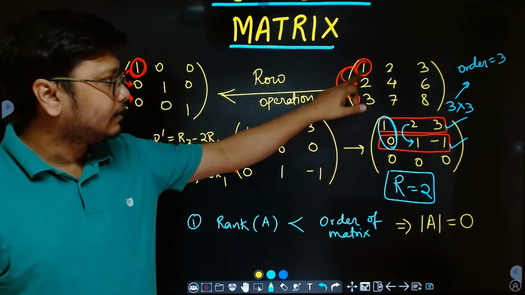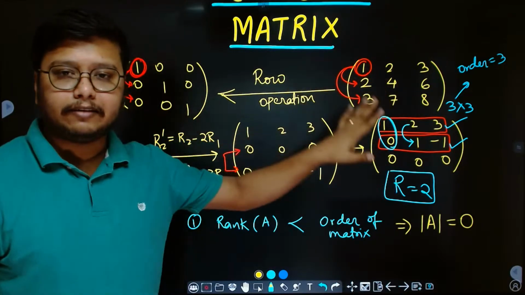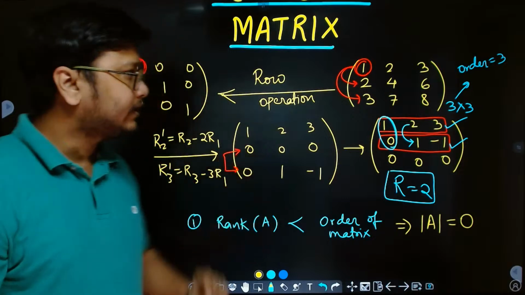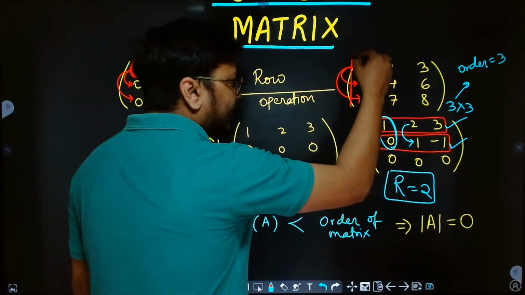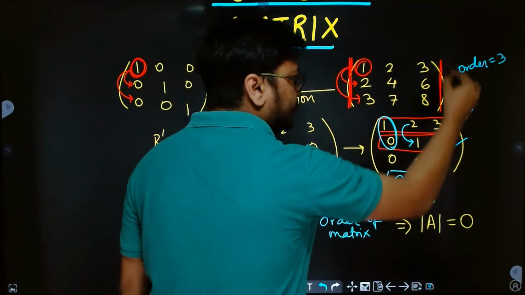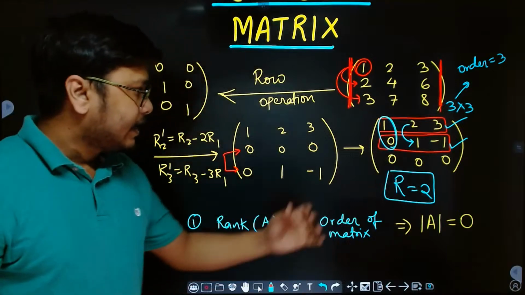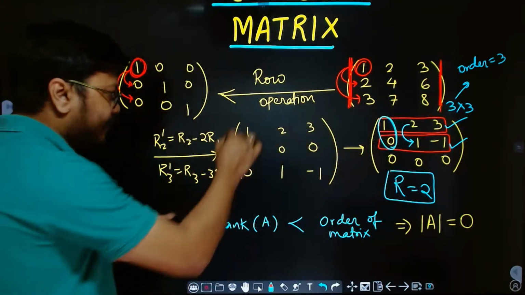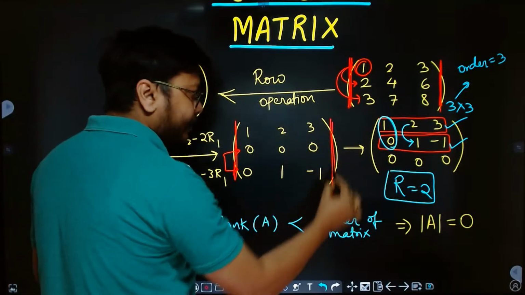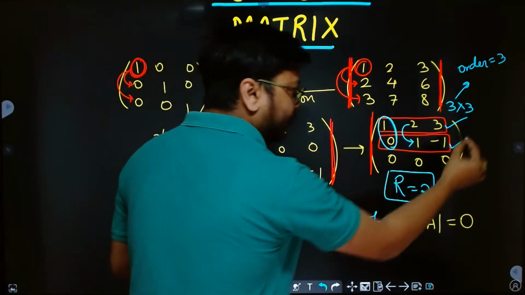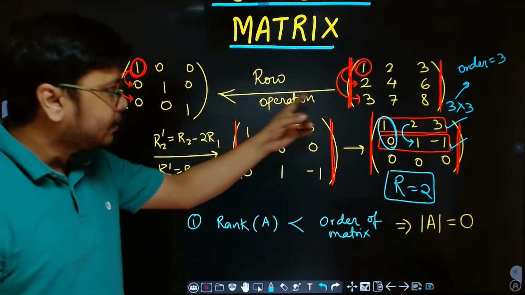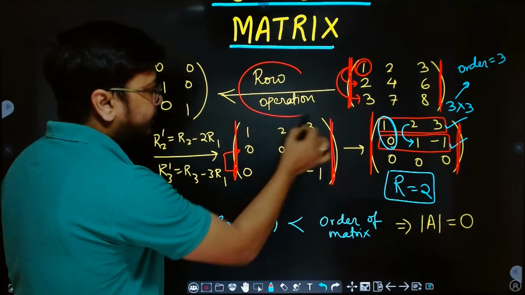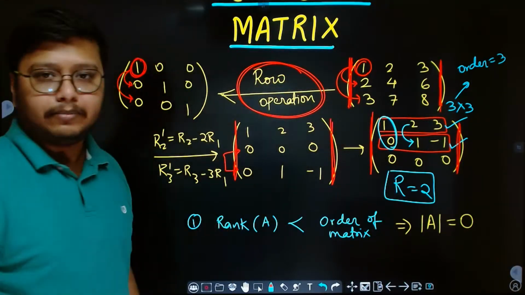So in this case, if we take the determinant of this matrix, it is definitely 0. Now again, an important concept is that if I take the determinant at any stage, it will remain 0. The determinant of this particular matrix will be the same as the determinant of this matrix, and of this one, because row operations never change the determinant value.